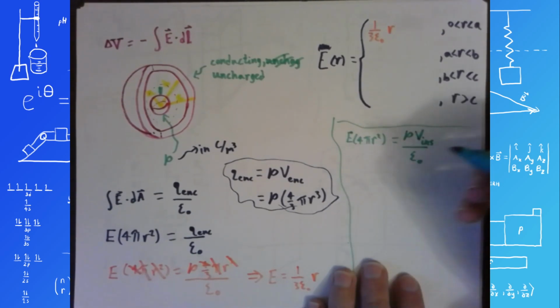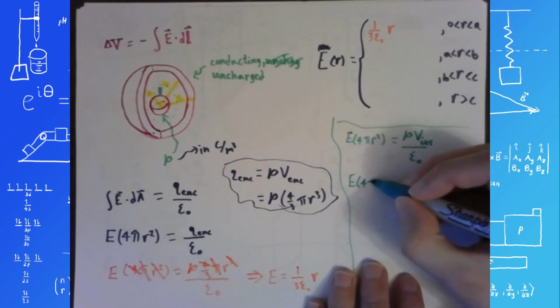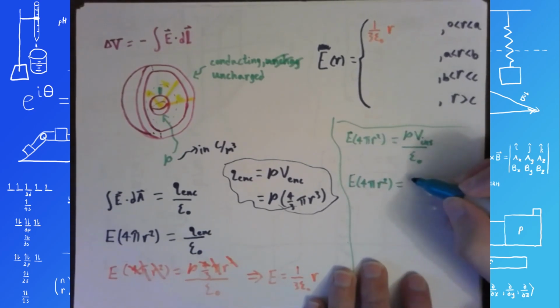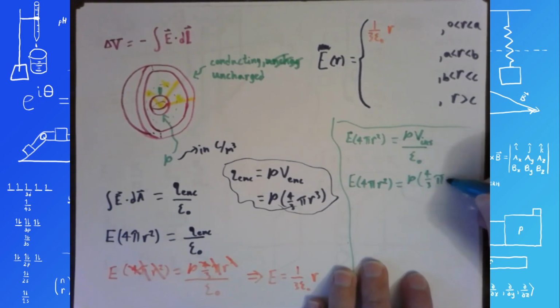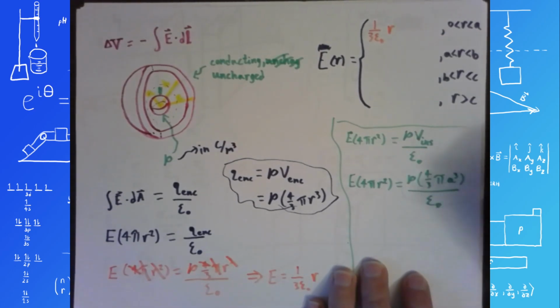It is a constant, so we've got E times 4 pi r squared is equal to rho times 4/3 pi a cubed all over epsilon naught.